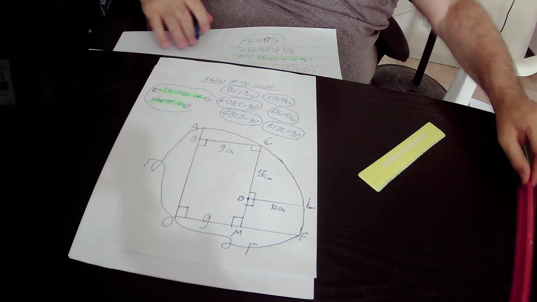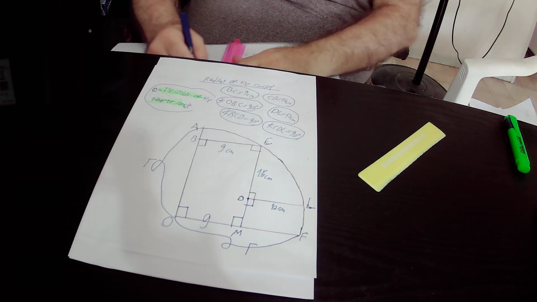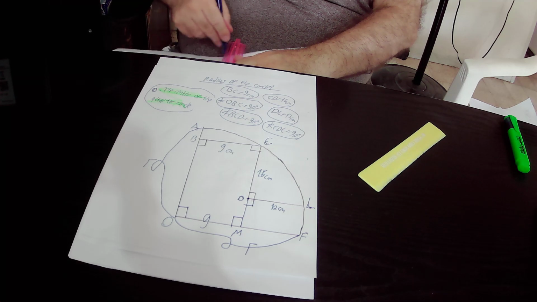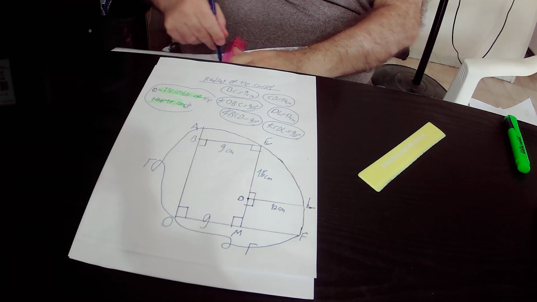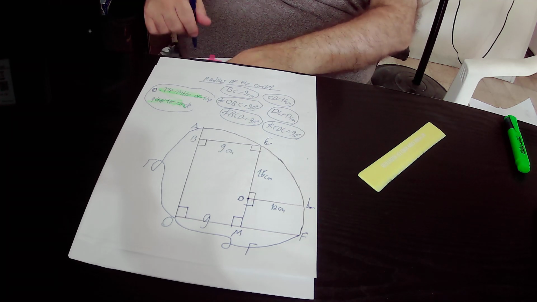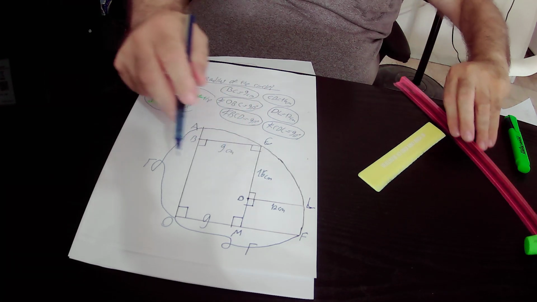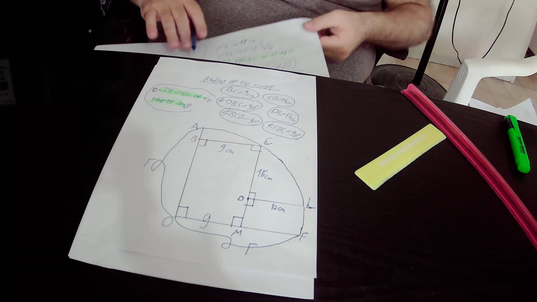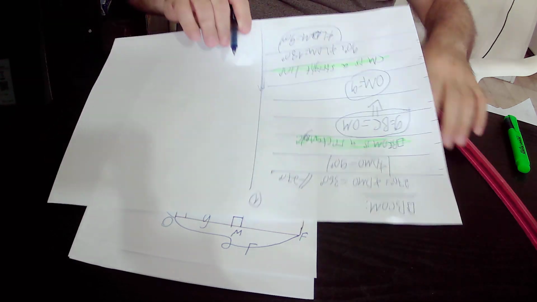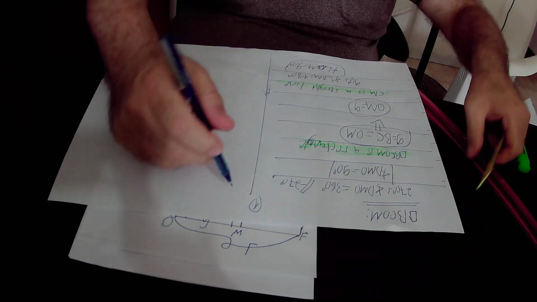Likewise, OF is the radius of the quarter circle, therefore it is absolutely a straight line. So we can write down that OF is a straight line.